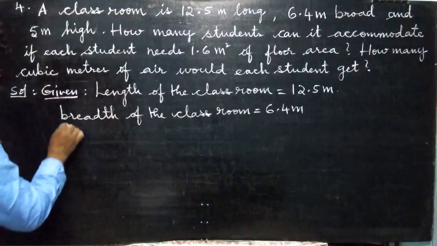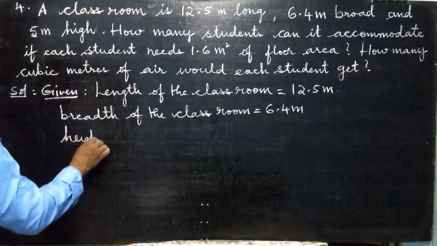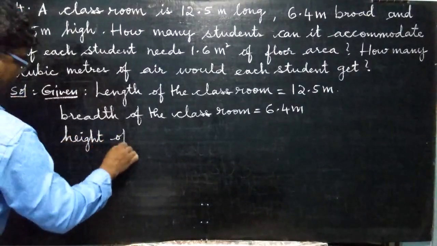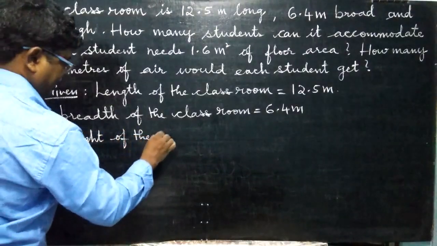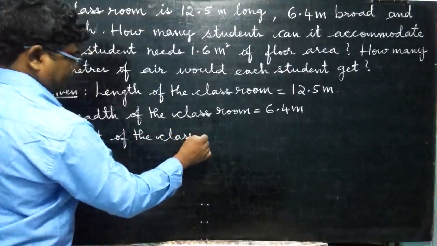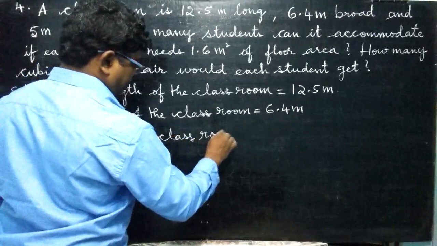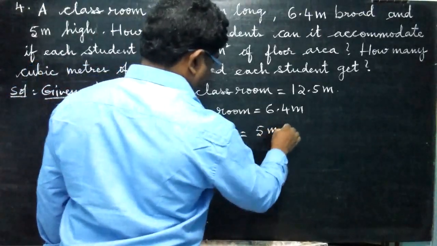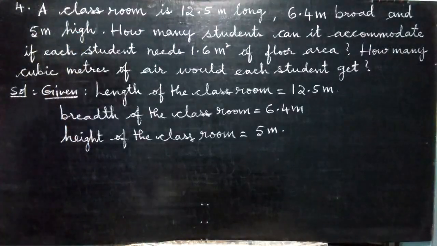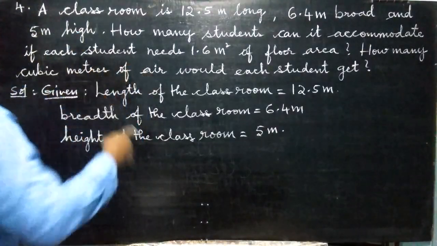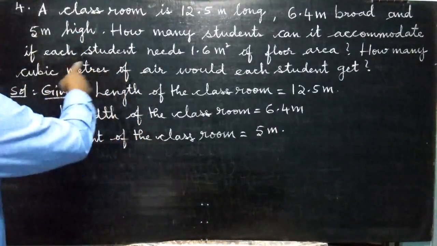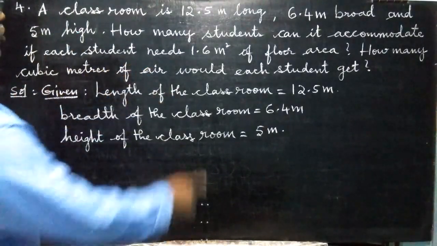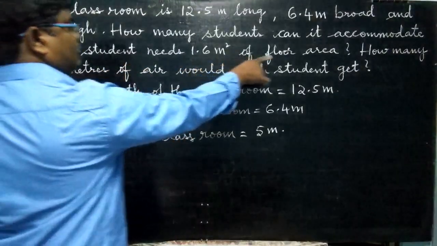Next, height of the classroom, 5 meters. Now, here they have given each student needs how much? 1.6 meters square of floor area.